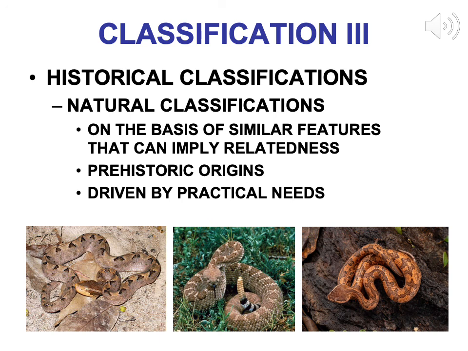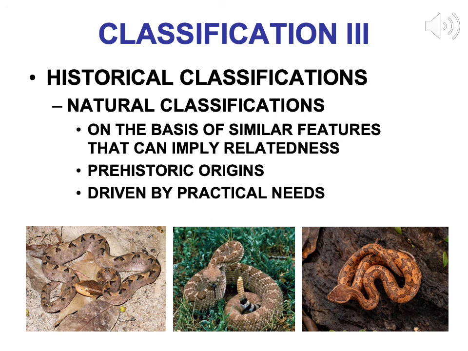It just happens to be that the characteristics chosen not only were really helpful for the practical needs of the human at that time, but also indicated some degree of evolutionary relatedness.